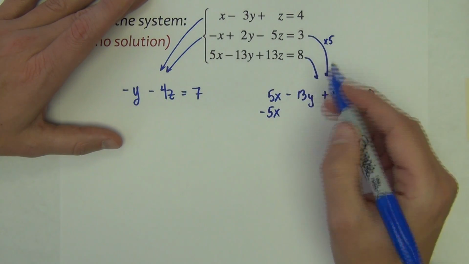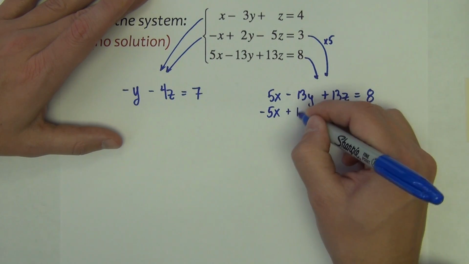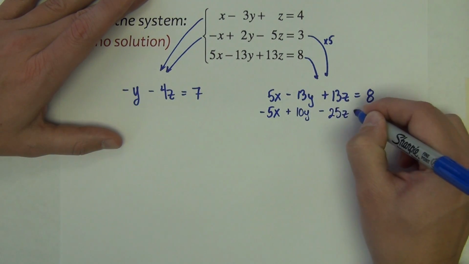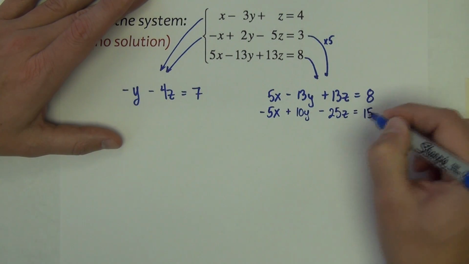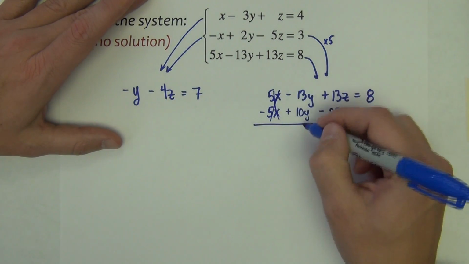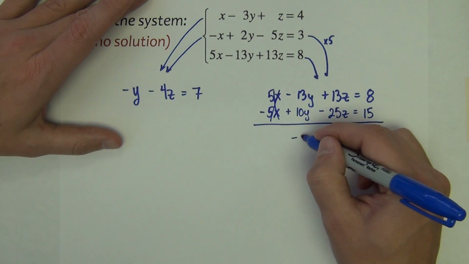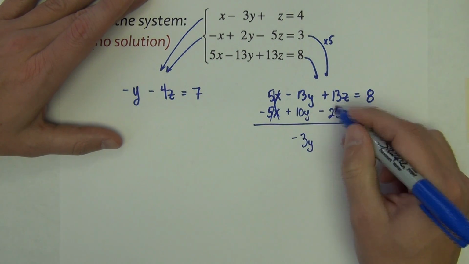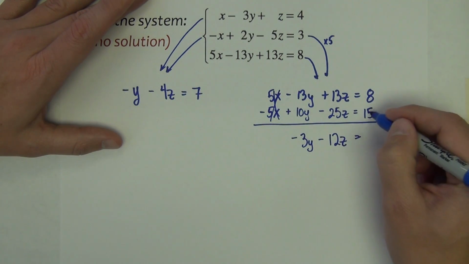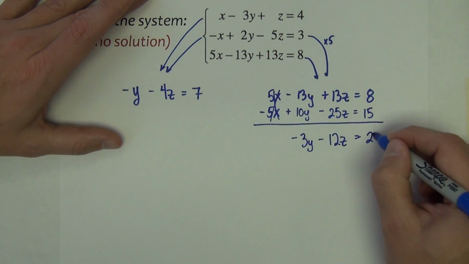But I take the whole thing times 5, so that gives 10y minus 25z equals 15. So the x's cancel, we end up with negative 3y and then minus 12z equals 23.